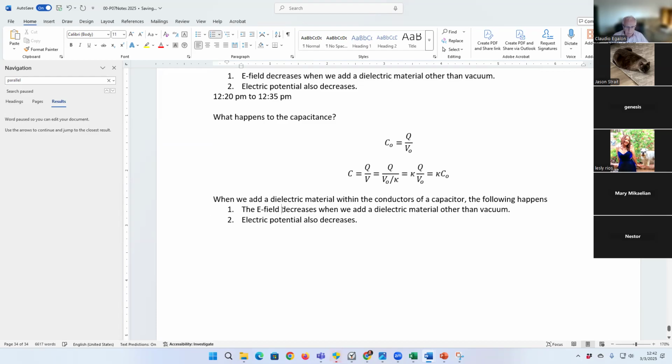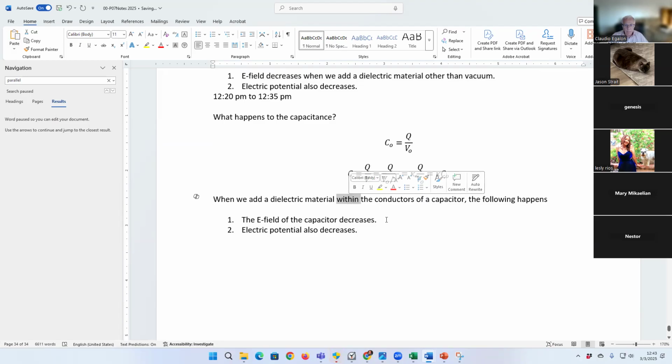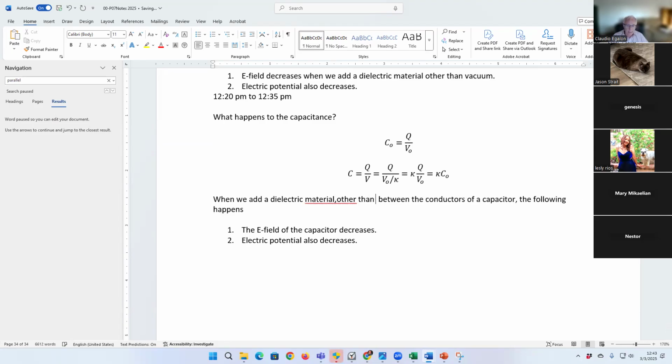The electric field of the capacitor decreases, its electric potential also decreases, but its capacitance increases.